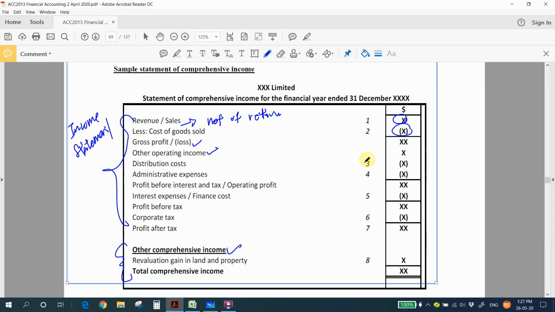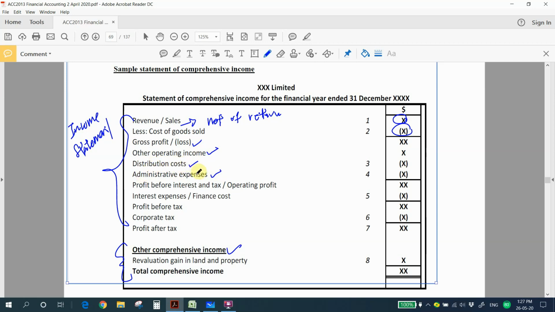Next, you have to minus the distribution costs and administrative expenses. So what is distribution cost? Distribution cost is the cost related to your sales. For example, commission to salesmen and carriage outwards are considered distribution costs.